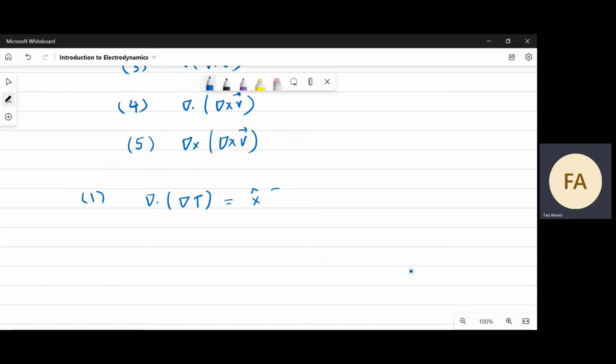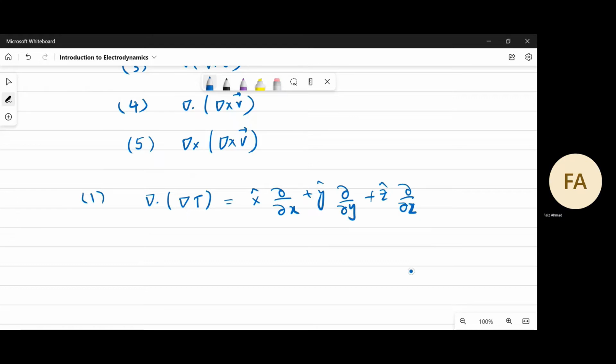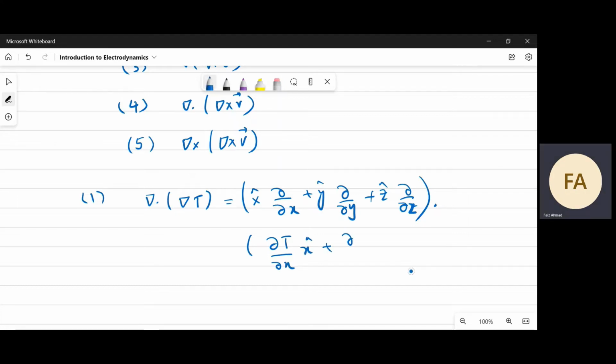We have x partial over partial x, y partial over partial y, z partial over partial z, which is del, then dotted with partial t over partial x plus partial t over partial y plus partial t over partial z.